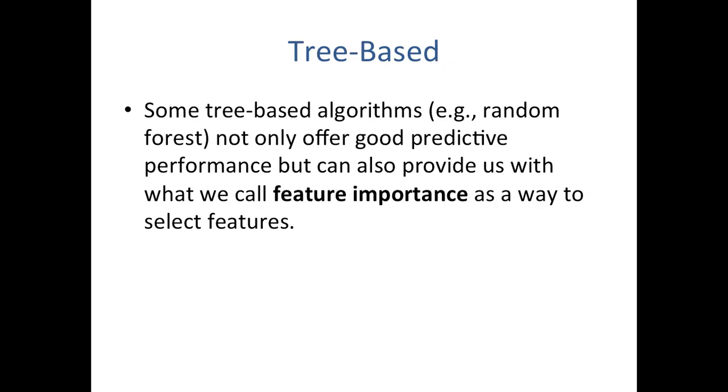And then tree-based embedded methods. We know that when we are building trees, for example random forests, there's also a way for us to understand the importance of the features, right? If you remember in the random forest class, we saw how to compute feature importance using an out-of-bag data set.